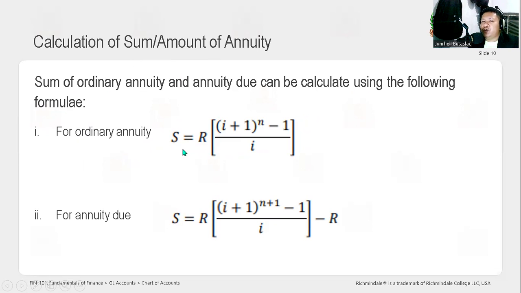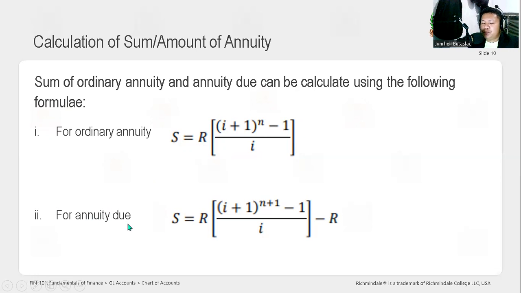Later on, once you identify the value of R, the value of i, and the exponent n, you can just put them in and solve according to the formula provided.